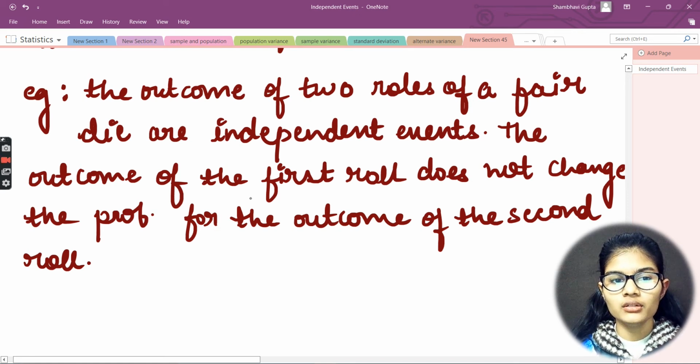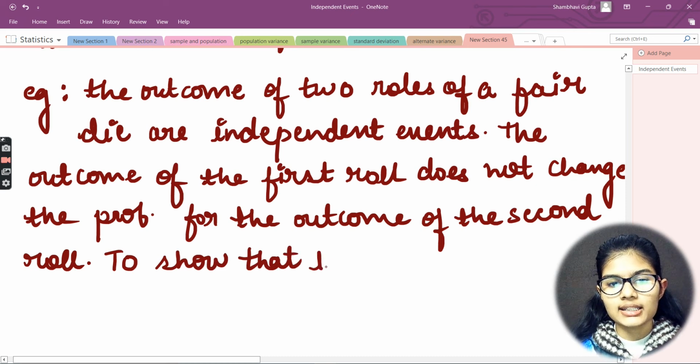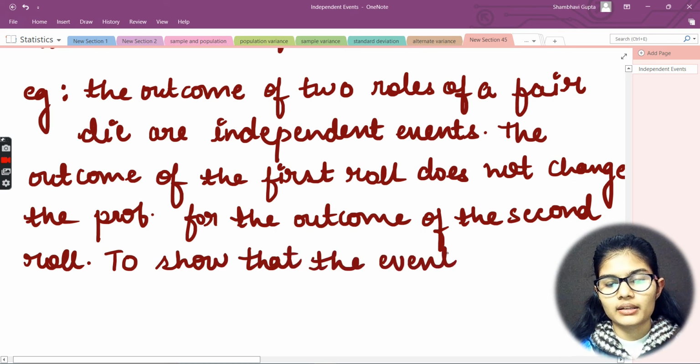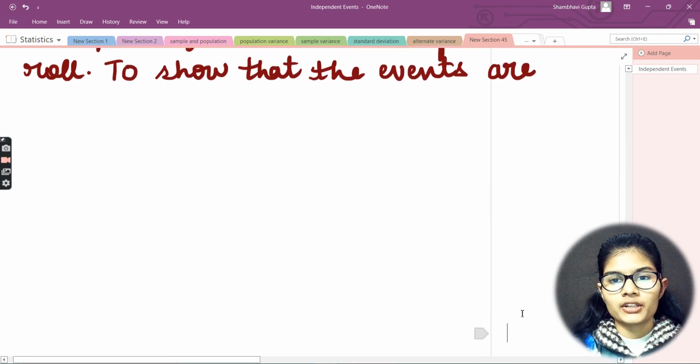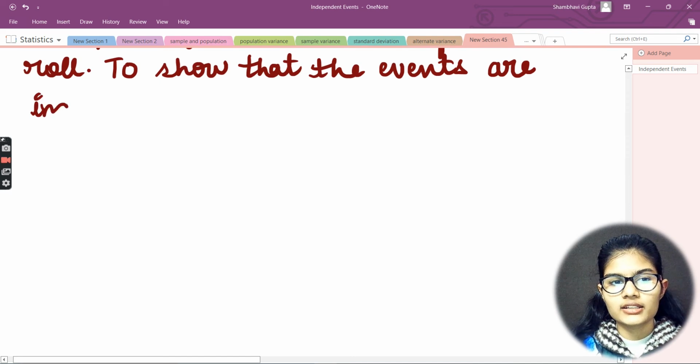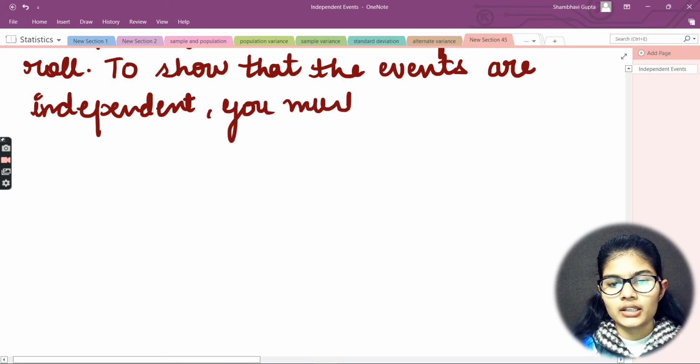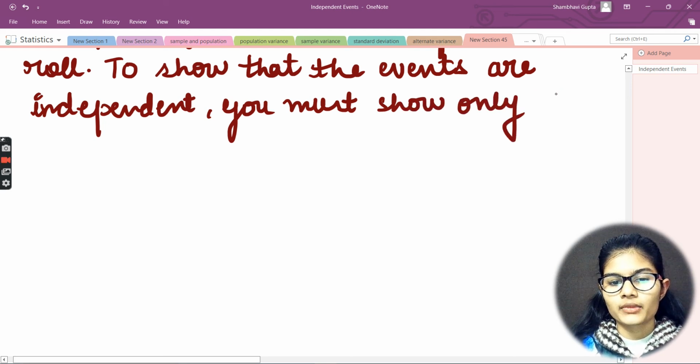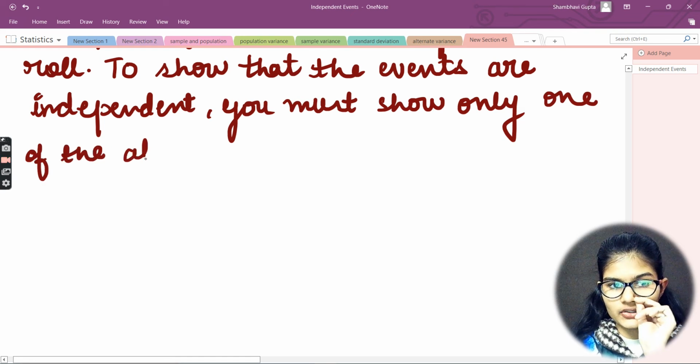In this case, to show that the events are independent, you must show only one of the above conditions.